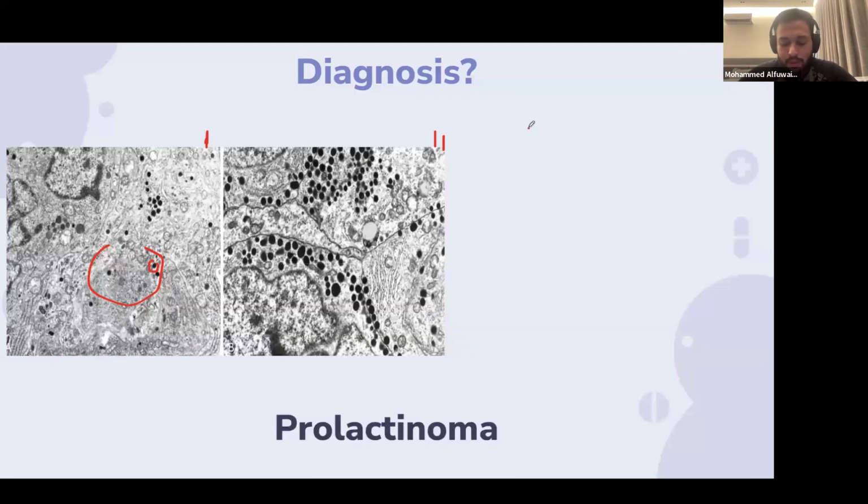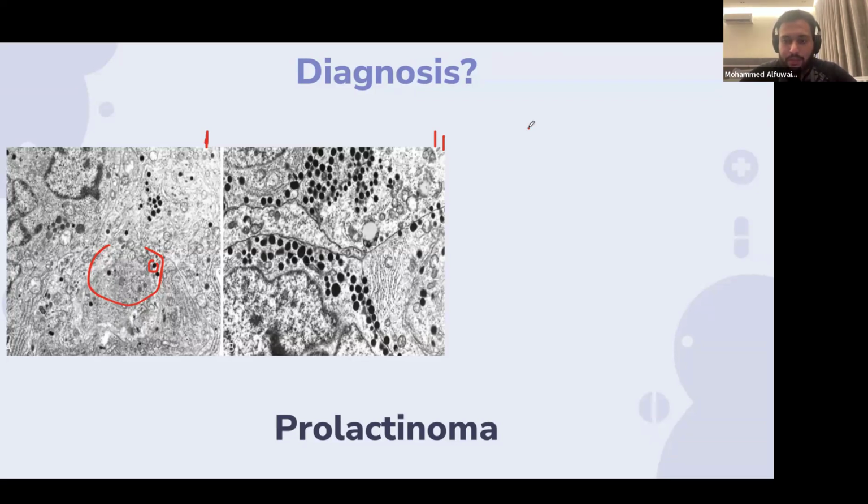Now, how do you diagnose prolactinoma? First, lab tests. What lab tests do you want to do? For a patient with prolactinoma, what would you want to do? Prolactin levels, okay, which will be usually elevated. Now, how much is it going to be elevated?